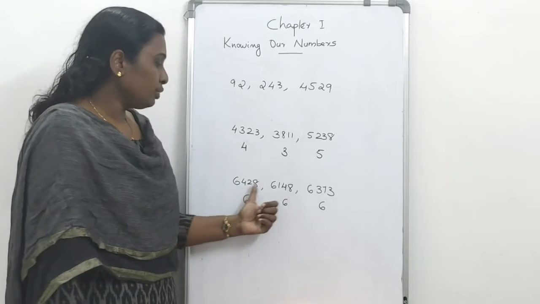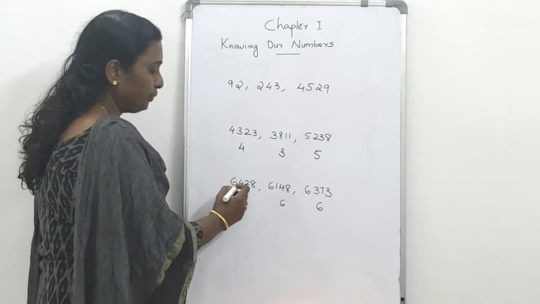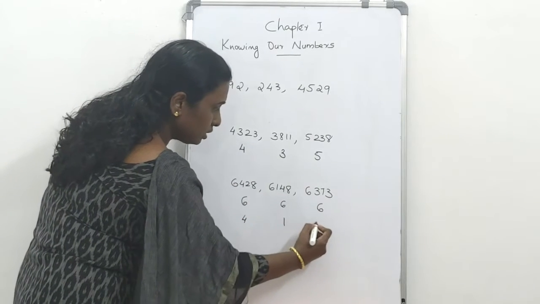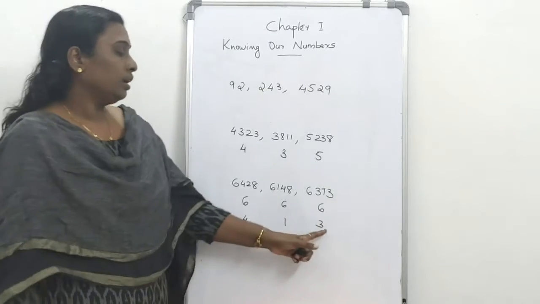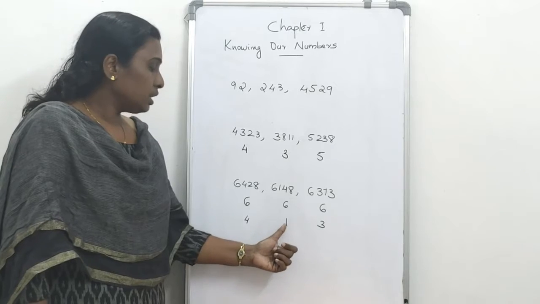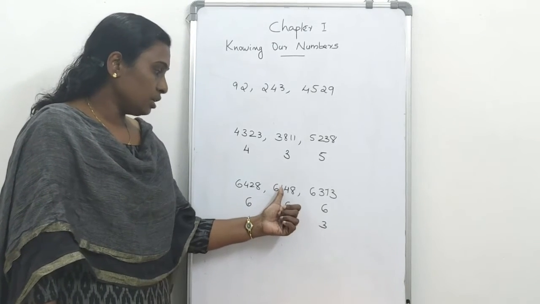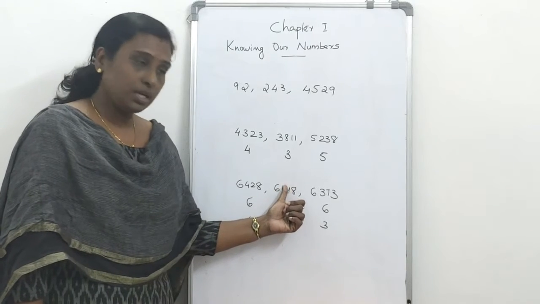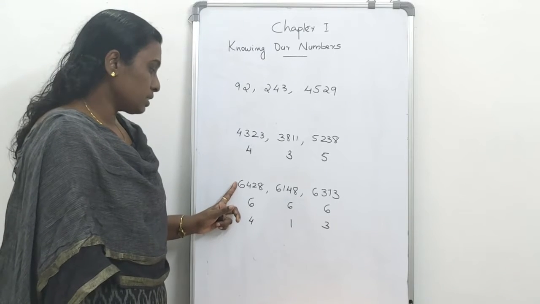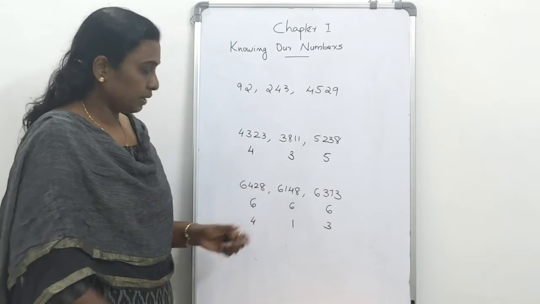So, we move to the next digit, that is the digit in the hundreds place. Here the digit in the hundreds place is 4, here it is 1, here it is 3. In this case, all these are different. So, the smallest number among these is the one with 1. So, 6148 is the smallest number, and 4 is the largest. So, 6428 is the largest number. Okay, clear?